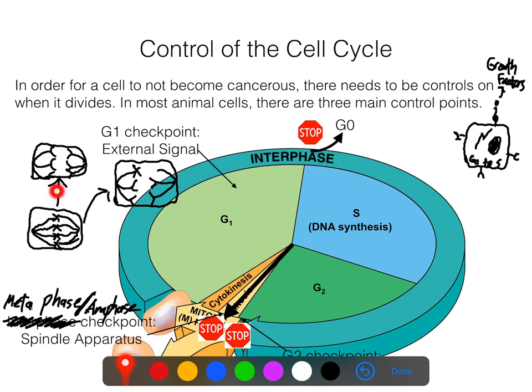If the cell doesn't pass the metaphase-anaphase checkpoint, it goes into apoptosis, which is programmed cell death or cell suicide.